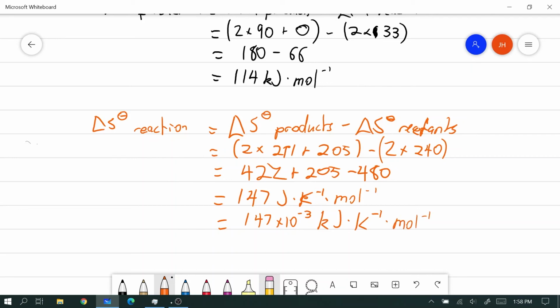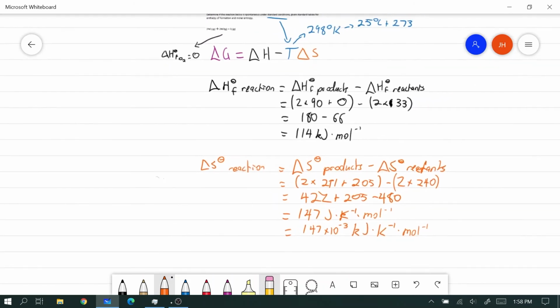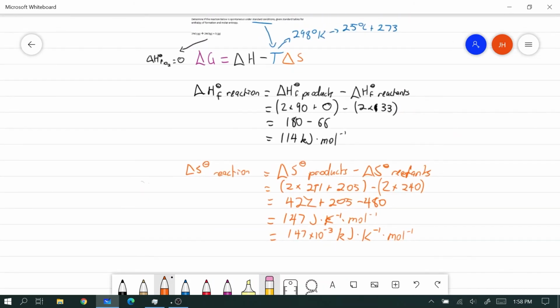With all of this data, we now have our delta H, T, and delta S to be able to calculate G, our Gibbs free energy. So I'm going to rewrite that equation and substitute in all my values.